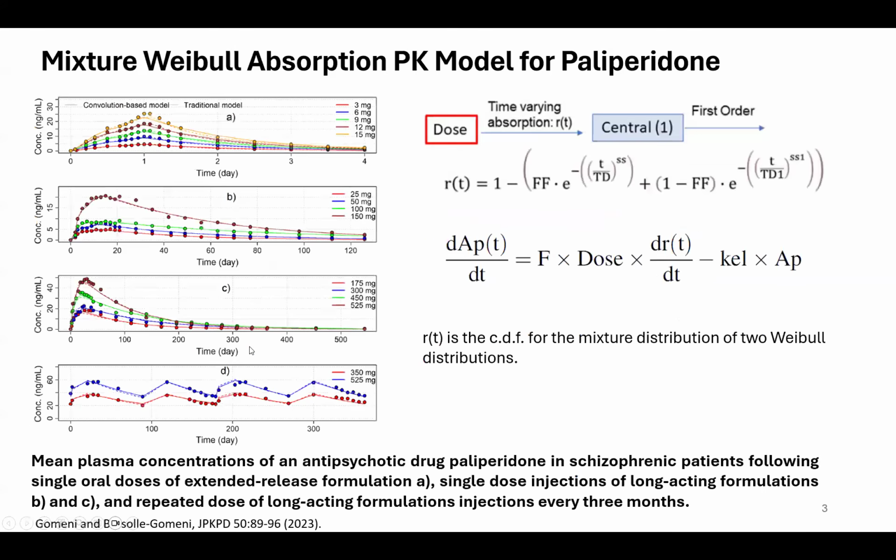The second example I have is paliperidone that was administered to schizophrenic patients in a series of clinical trials, and the data was published in this paper at the bottom of the screen, for various dosing regimens following oral single dose or injections of single dose and multiple doses.